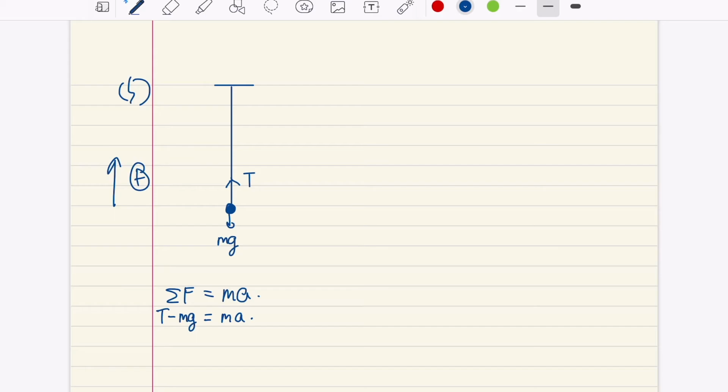By using Hooke's law, we know that F equals lambda x over L. And as I said in the last video, which is about the elastic strings and springs, the force is actually called tension.